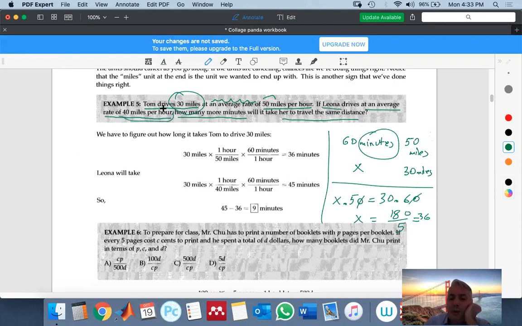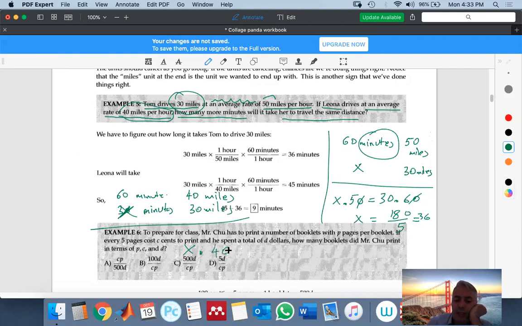Now, what about Leona? 40 miles per hour. It means that in 60 minutes, she goes 40 miles. Okay, so the same guy, 30 miles in how many minutes? X minutes. So cross product, x times 40 is equal to 60 times 30.